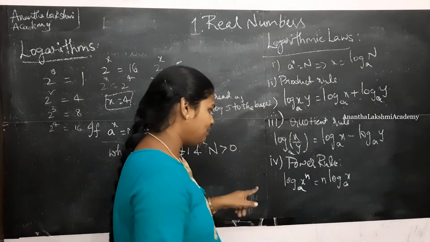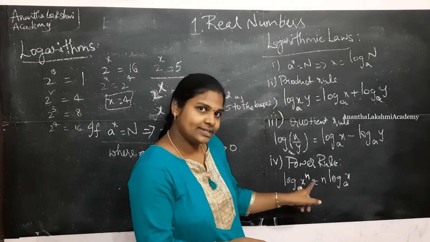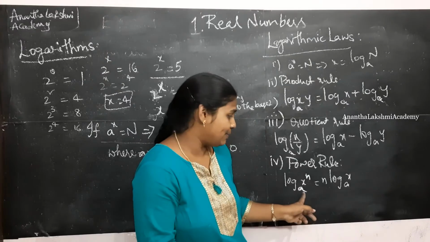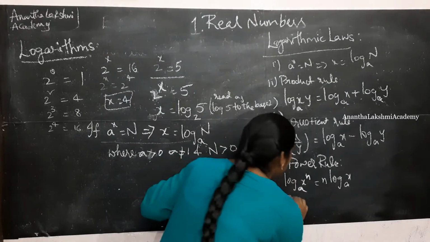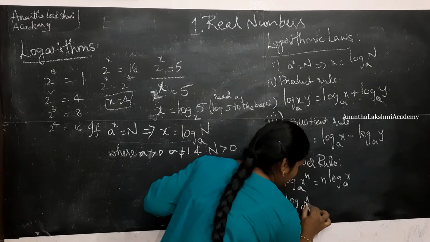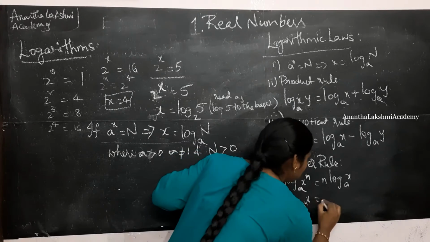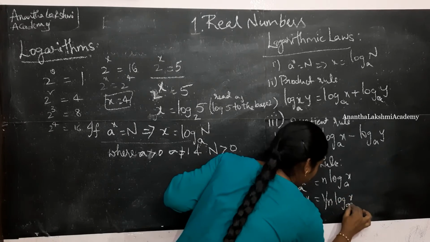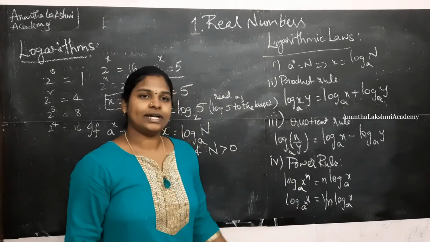This is a formula. Now that this power is on the number x, what happens when the power is on the base? Let's see that. Log x to the base a power n is equal to 1 by n log x to the base a. Alright.